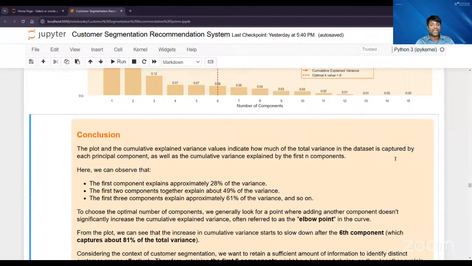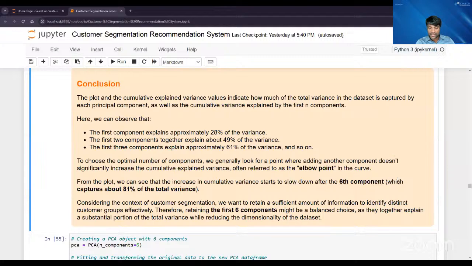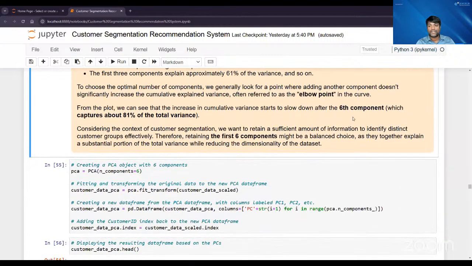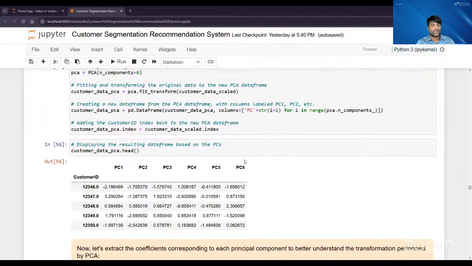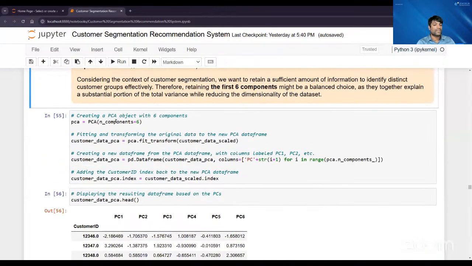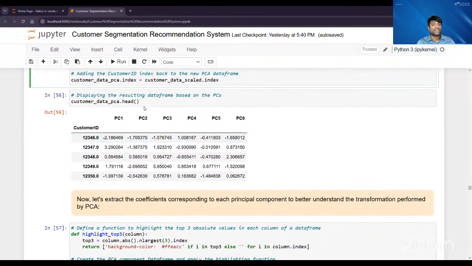Since we have concluded that the first six components explain 81% of the variance, let us move forward by taking those six. Let us use those first six components and see the head of the data set. These are the six components with the principal components applied, PC1, PC2, PC3, PC4, 5, and 6.